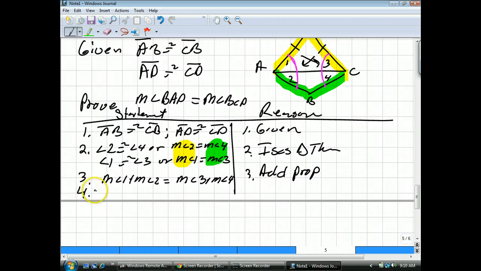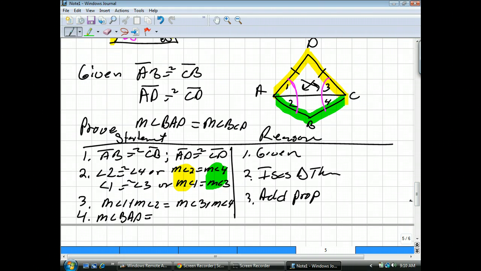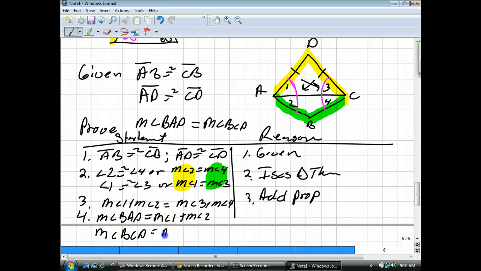But then I can say measure of angle BAD is equal to measure of angle 1 plus measure of angle 2. And measure of angle BCD is equal to measure of angle 3 plus measure of angle 4. And that is by the angle addition postulate.